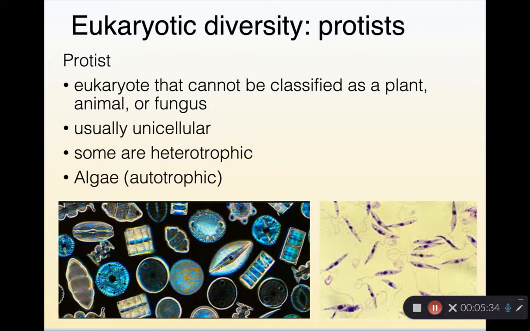They're usually unicellular, although there are some exceptions to that. And some are heterotrophic, but some are in fact autotrophic. So again, we have this mishmash of different organisms that are lumped generally into this clade Protista.